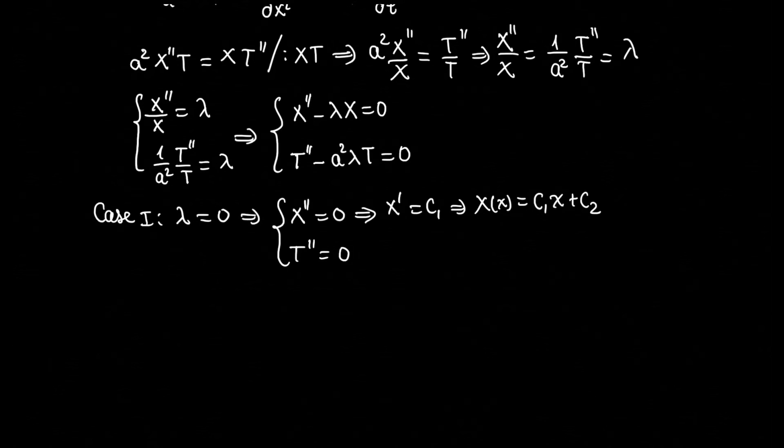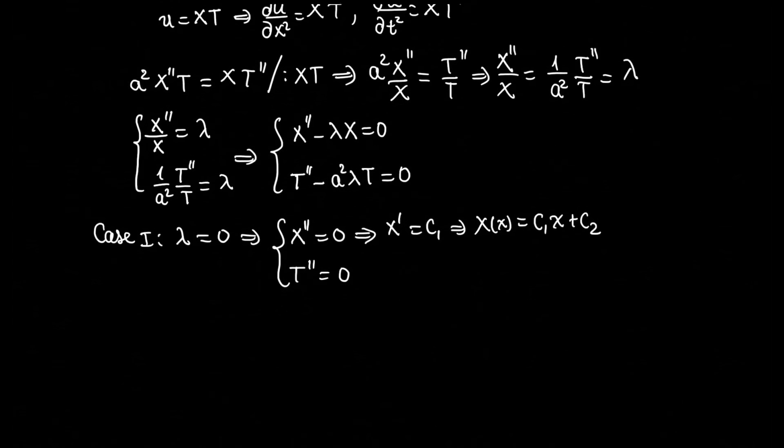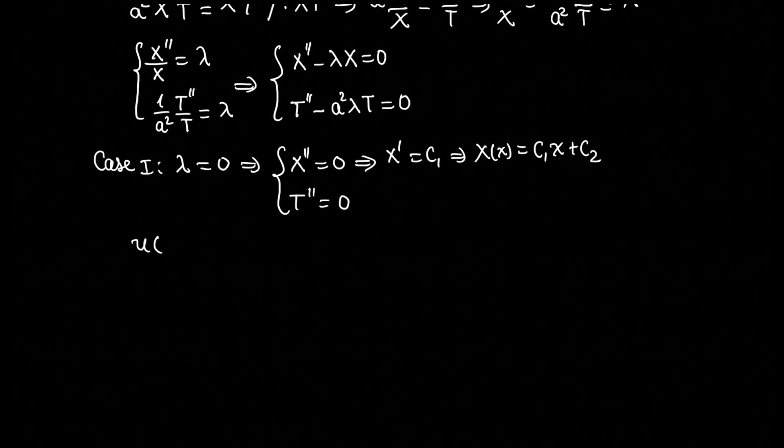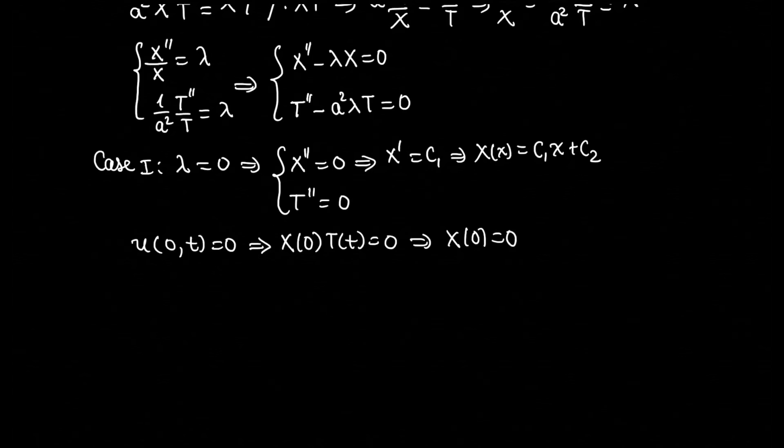Okay, now I need to find these constants, c1 and c2. What I'm going to do is go to the boundary conditions. The first boundary condition is, again, u(0,t) equal to 0, which just leads to X(0) equal to 0.